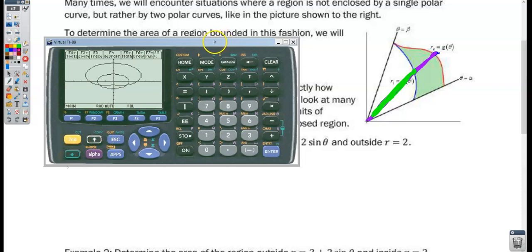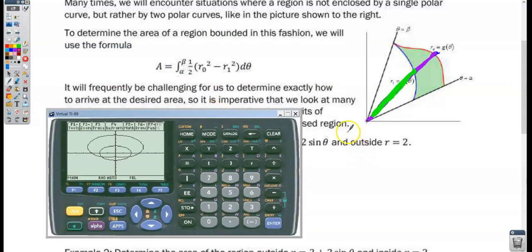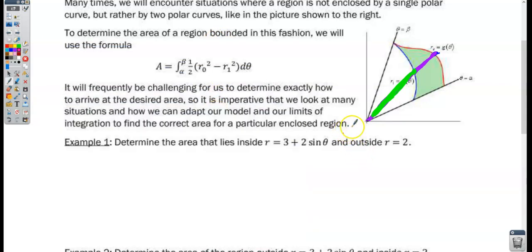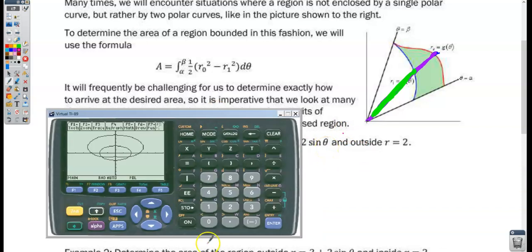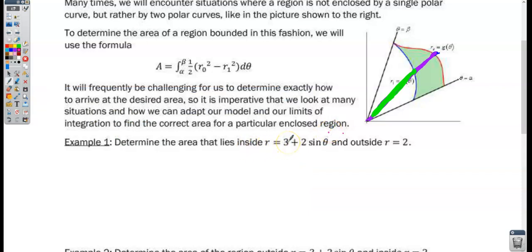Now to help us with this, I'm going to move away from my calculator here for a second and look at a bigger picture of these two curves. We're looking for inside r equals 3 plus 2 sine of theta and outside r equals 2. r equals 2 is the little circle here, and the 3 plus 2 sine of theta is this close to circle, the bigger of the two pieces. So we're looking for what's inside the bigger of the two and outside the little circle.